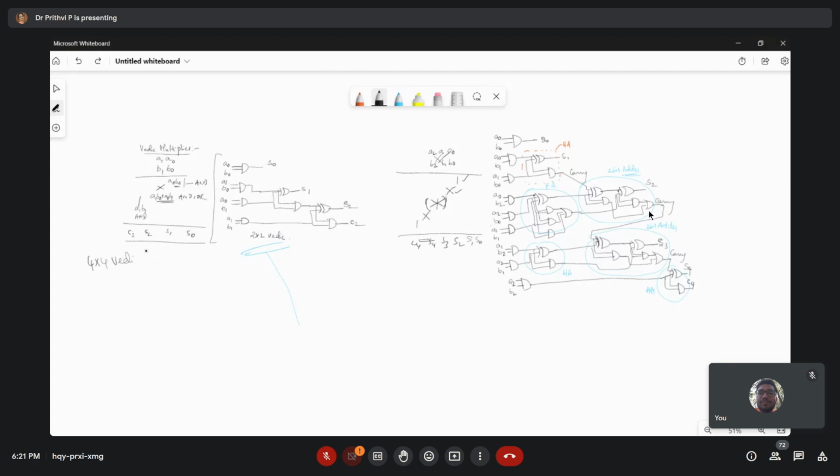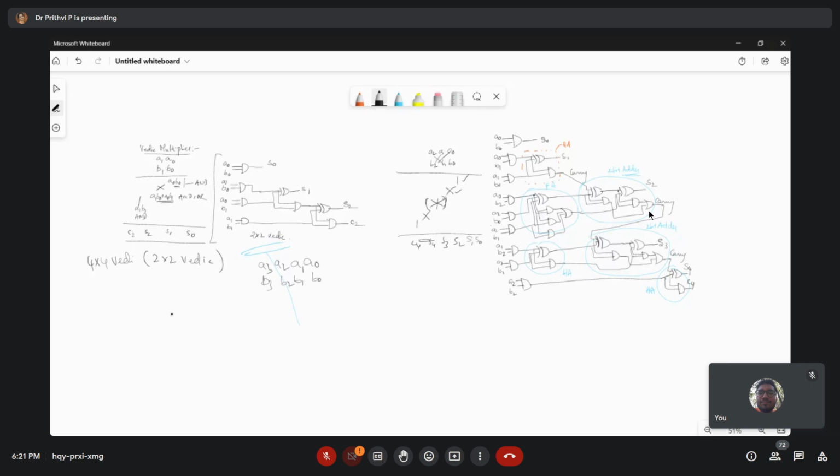Maybe I can use a 2x2 Vedic multiplier, and I can generate this 4-bit multiplication. A0, A1, A2, A3, B0, B1, B2, B3. Okay. Now see here.